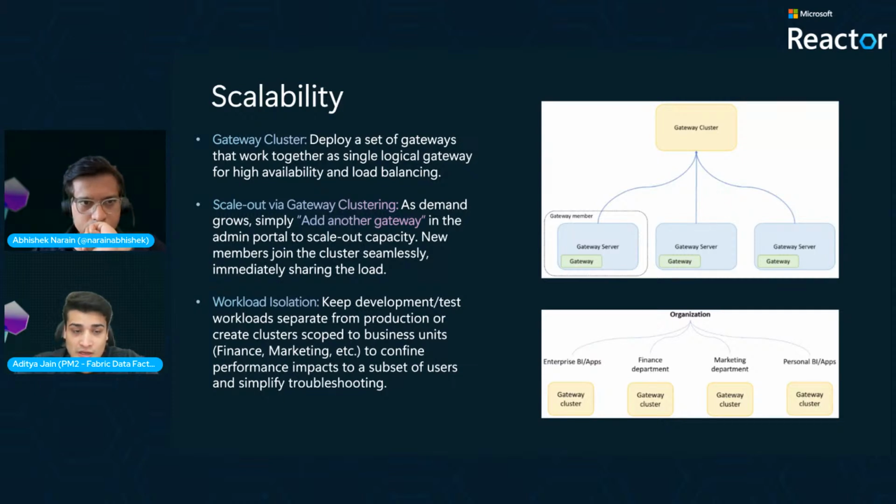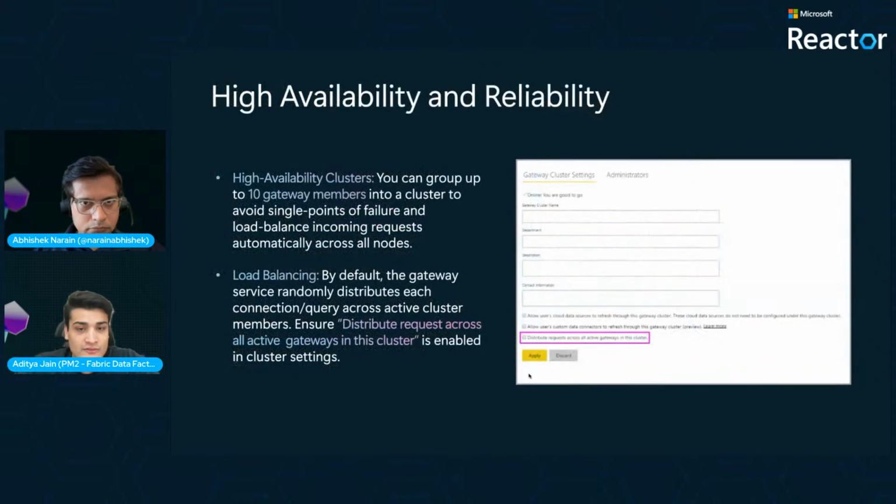In large organizations, you can also create business unit specific clusters, for example, a different gateway cluster for the finance team or marketing team. This makes sure that you limit performance issues to a specific group, and it definitely helps with troubleshooting as well. So with gateway clusters, you're in full control for scaling securely and efficiently.